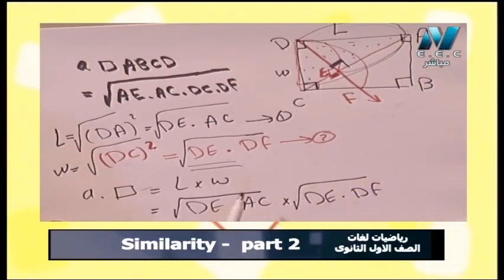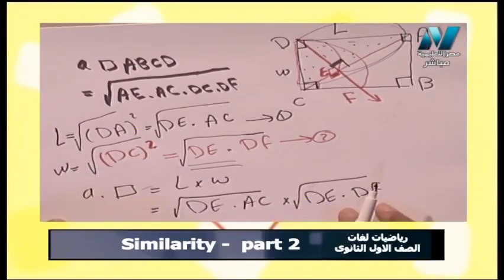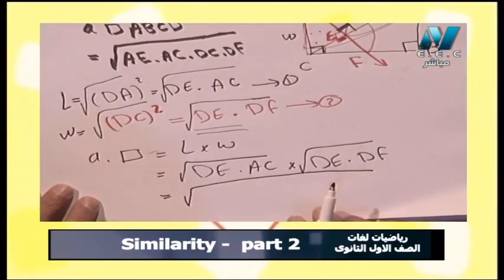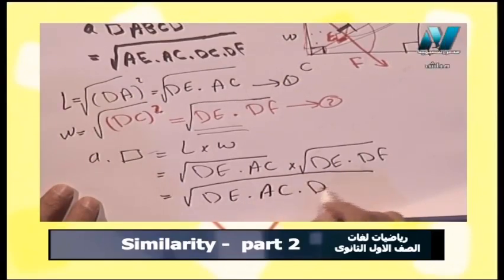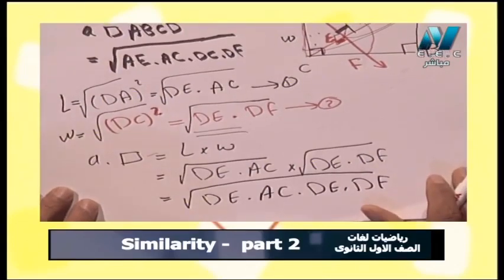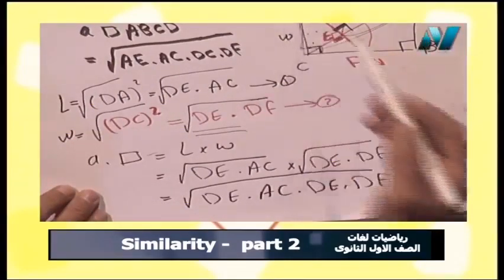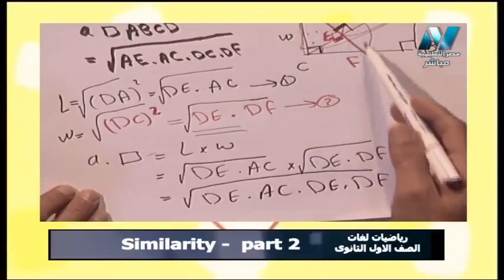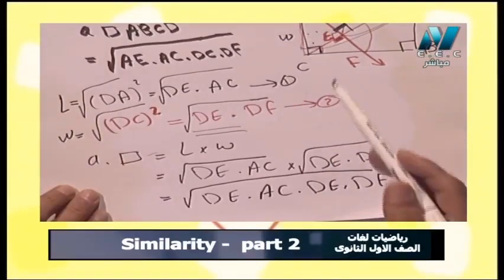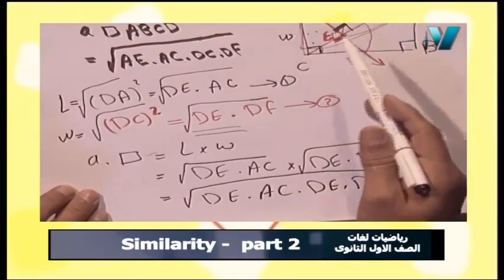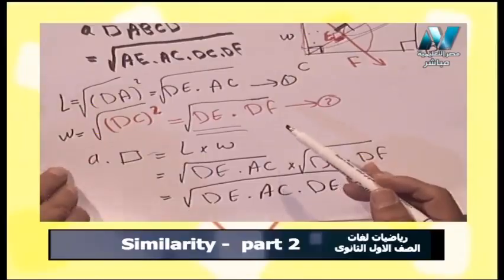And we can connect these two roots into one root here, equal to one square root of AE times AC times DE times DF. Okay, we have here CD power 2 equals DE multiplied by DF, and this part, DA power 2, equals AE multiplied by AC.